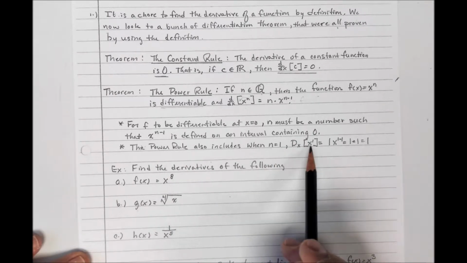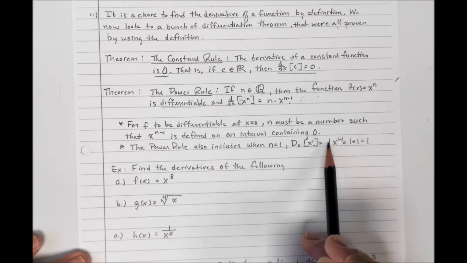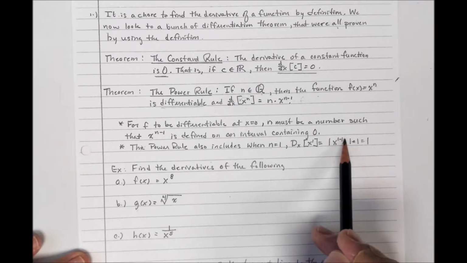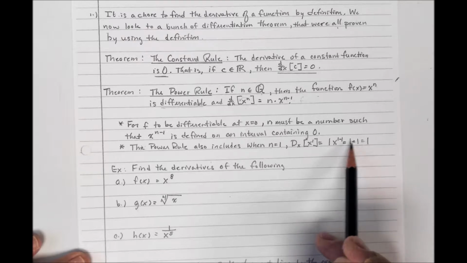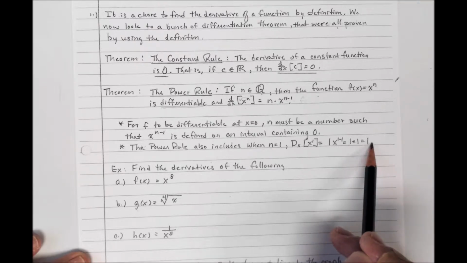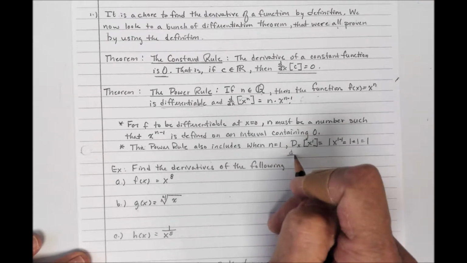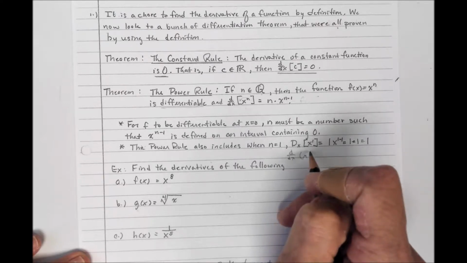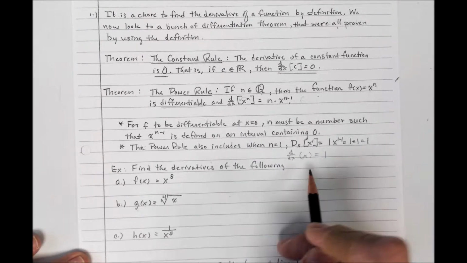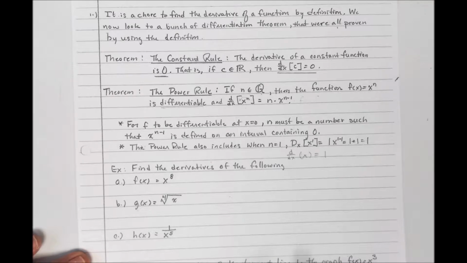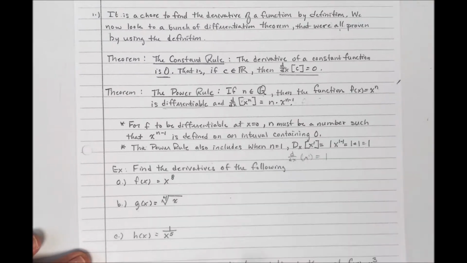When n is 1, I have x to the first, so I bring the 1 out in front, x to the 1 minus 1, so that's 1 times x to the 0, which is 1. So the derivative with respect to x of just x is equal to 1. It's the coefficient in front of the term because the degree is 1.